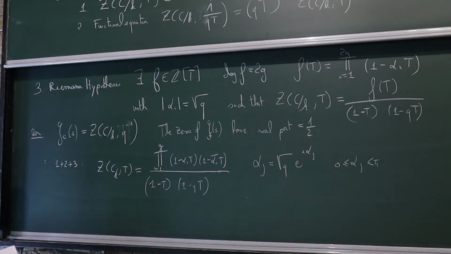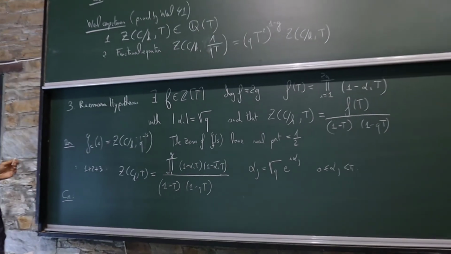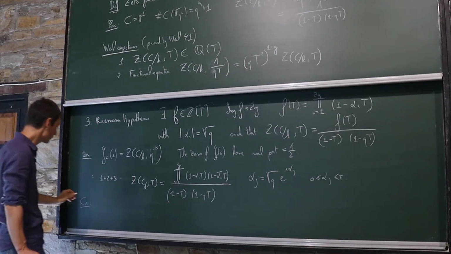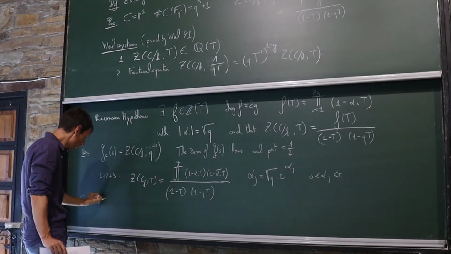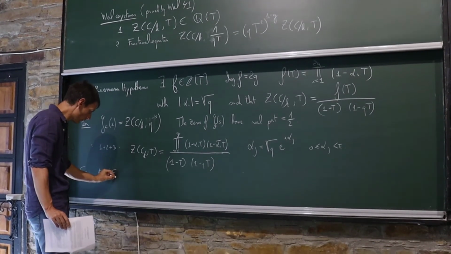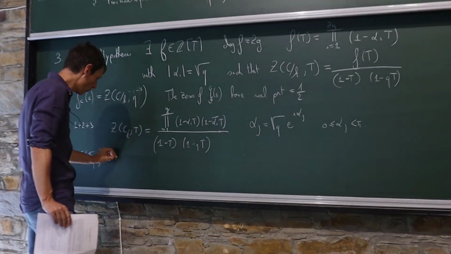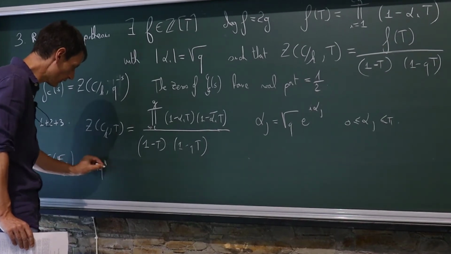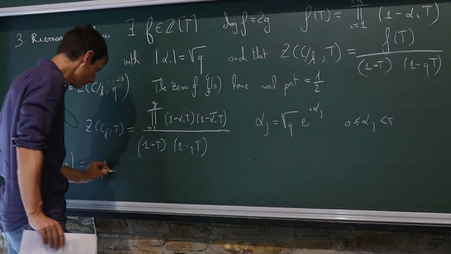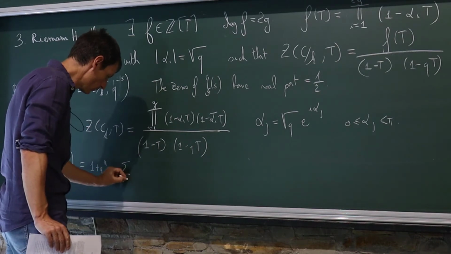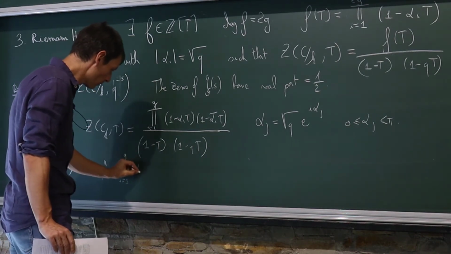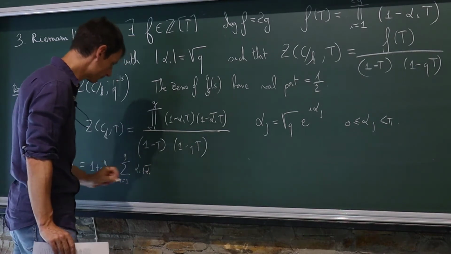Let me also maybe state a corollary. If you take these formulas and you look at what it says for the number of points, you can see that the number of points over any extension is given by 1 plus q to the n minus the sum from i equal 1 to g of alpha_i plus alpha_i bar.